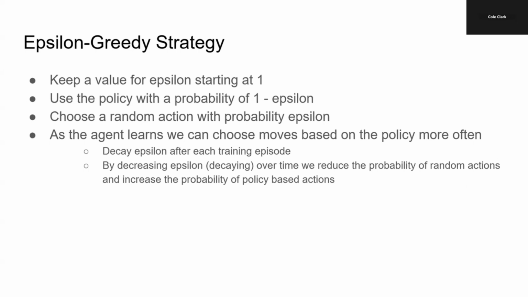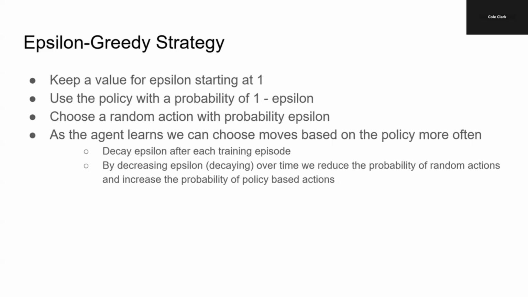We keep an epsilon value, which is the probability the agent will choose a random move. Starting with an epsilon value of 1 means that the agent will choose a random action with a probability of 100%. We can also use the agent's Q table to select a move with probability 1 minus epsilon.